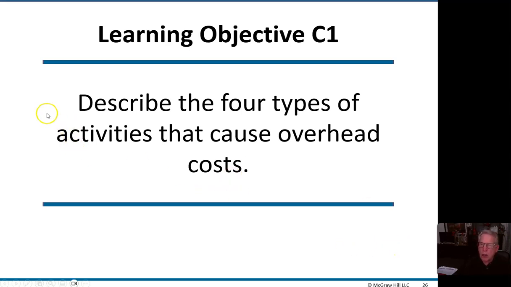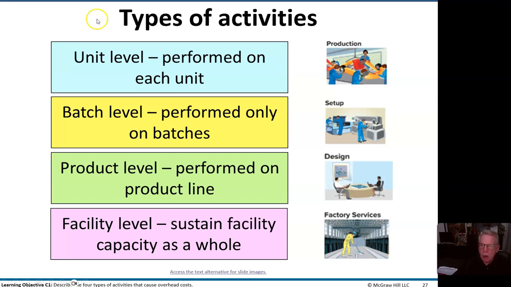All right, let's take a look at describing the 4 types of activities that cause overhead costs. Here we have 4 levels: unit level, batch level, product level, and facility level. The unit level is one that's performed on each unit, such as these direct labor people in production. The batch level is performed only on batches.